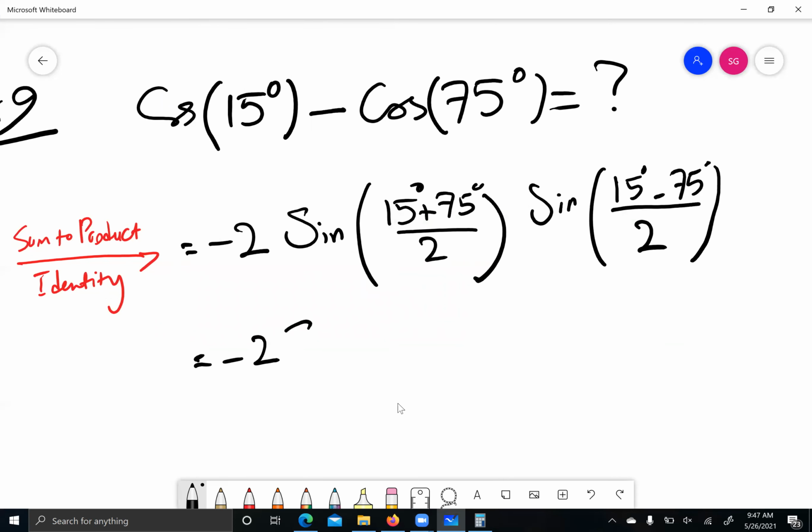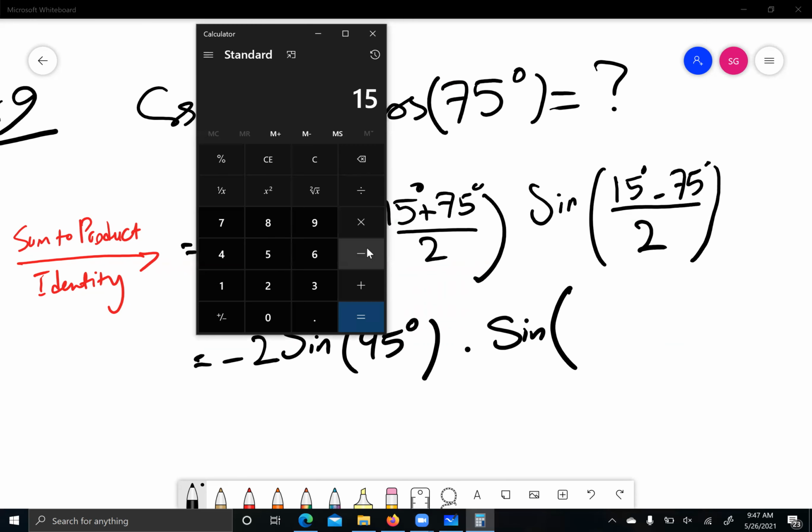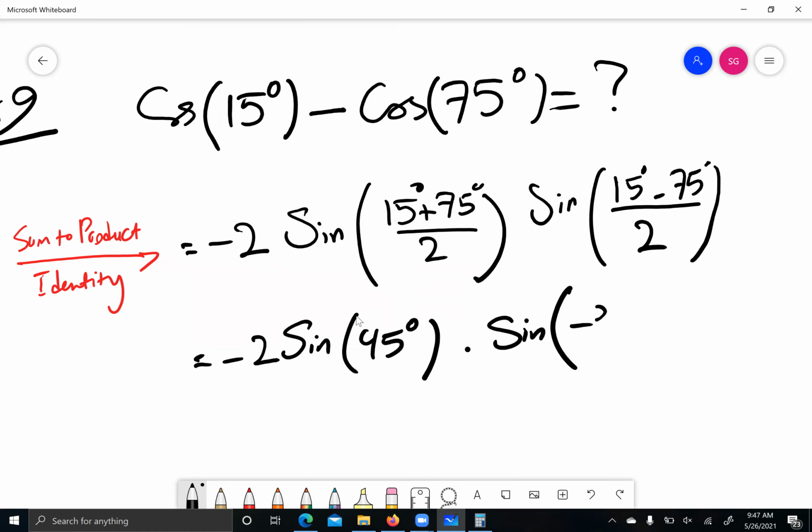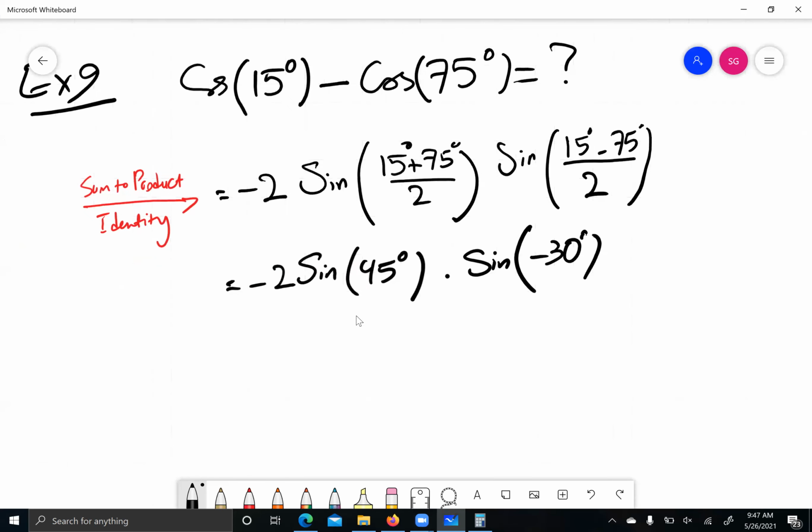So it's gonna be sine of 45 degrees times sine of 15 minus 75 divided by 2, which is going to be negative 30 degrees. Okay, because these are basic functions, we know how to evaluate that. Now I know how to find the exact value.